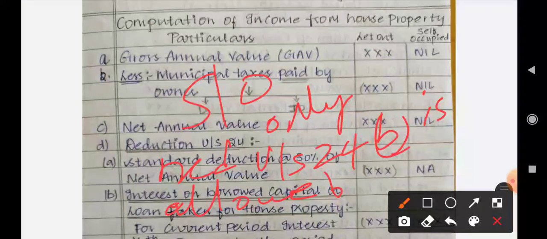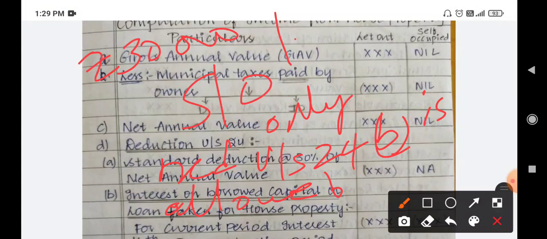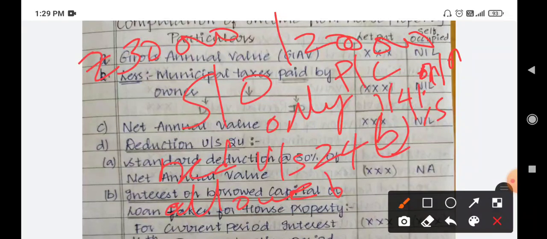This amount can be either rupees 30,000 or rupees 2 lakhs. For purchase or construction, if it is on or after 1/4/1999, the amount allowed will be 2 lakh.